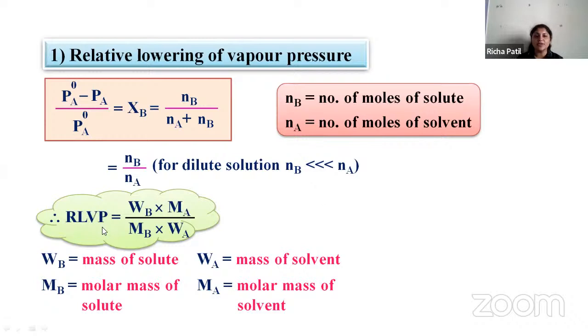So the relative lowering of vapor pressure is given as WB into MA divided by MB into WA, where WB is mass of solute, WA is mass of solvent, MB is molar mass of solute, and MA is the molar mass of solvent. Whenever you have questions on relative lowering of vapor pressure, you use this formula.